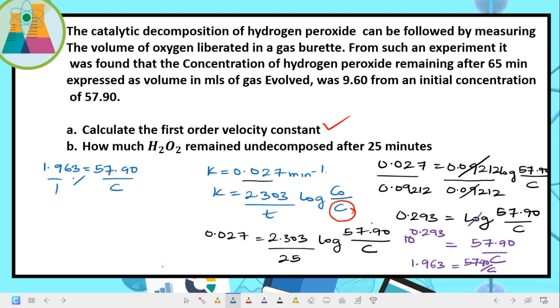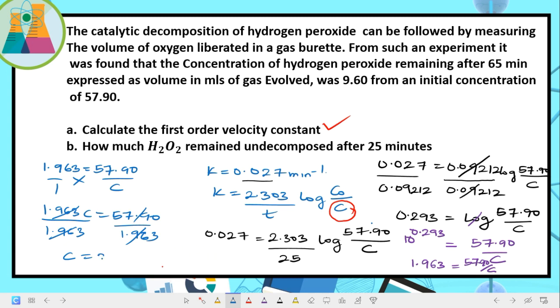This c is over 1, cross multiply, c multiplied by 1.963, c is equal to 57.90. Divide here by 1.963, divide here by 1.963. When this cancels this, your c will be equal to 57.90 divided by 1.963, to give us 29.49.